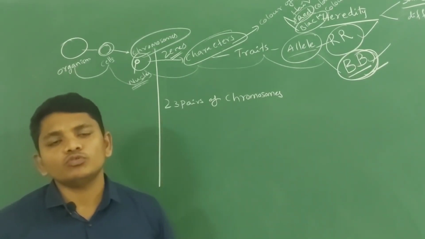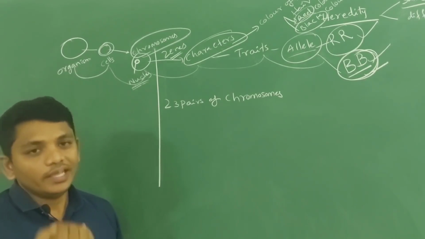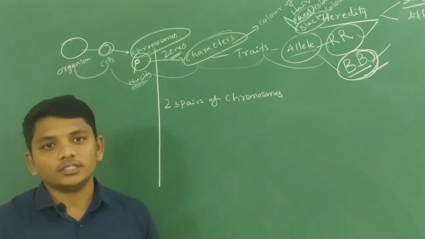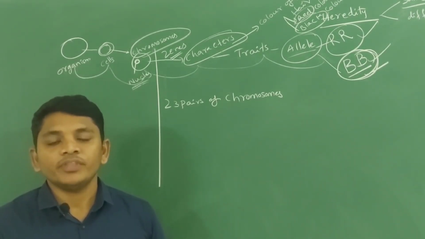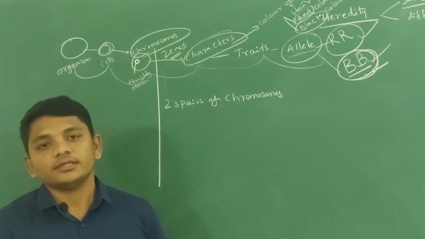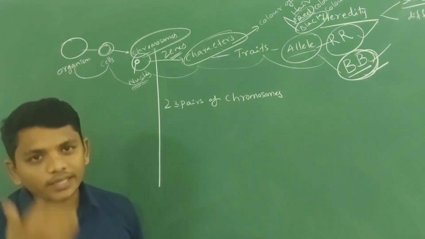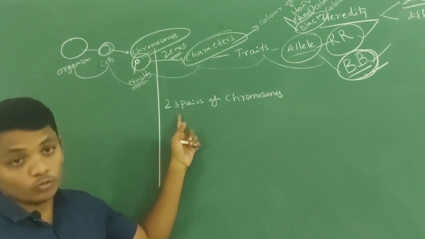Every pair of chromosomes contains our characters. Characters mean the height of the organism, the color of the hair, the shape of the eye, and the strength of the muscle. These characters are all coded in chromosomes.